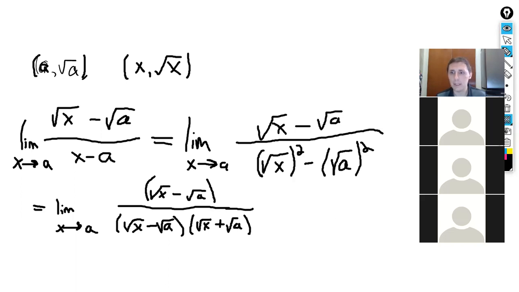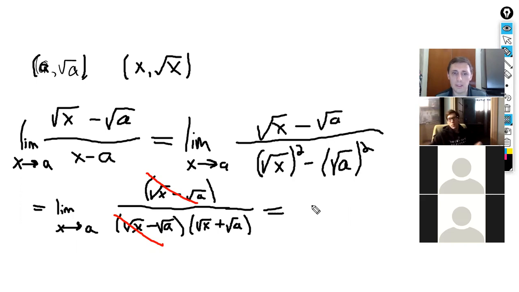I can then cancel this and that out. And now what's the limit? The limit is simply 1 over root a plus root a, so that would be 2 root a.